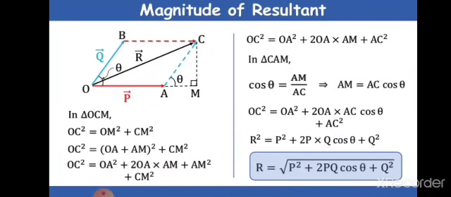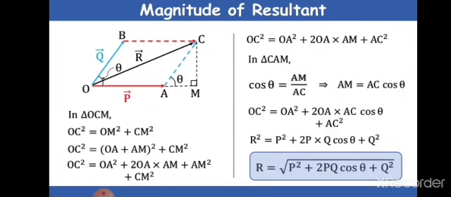From the right angle triangle OCM, we can write OC square is equal to OM square plus CM square, that is by using the Pythagoras theorem.